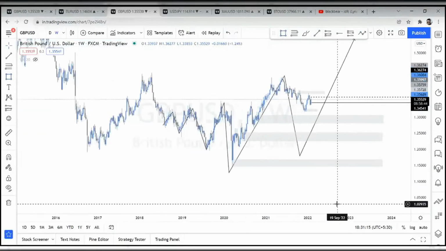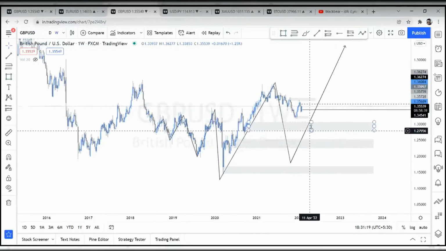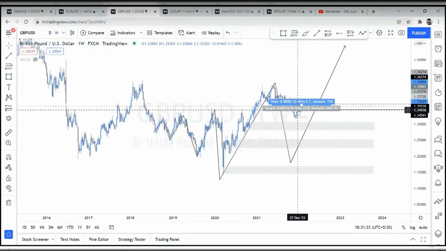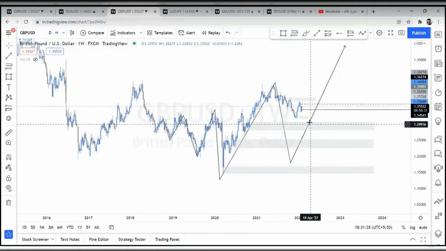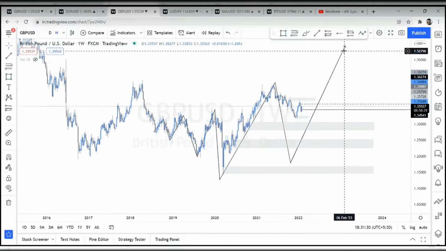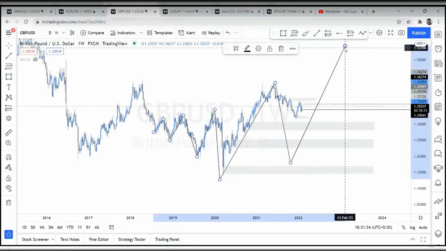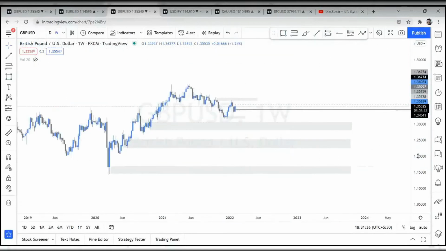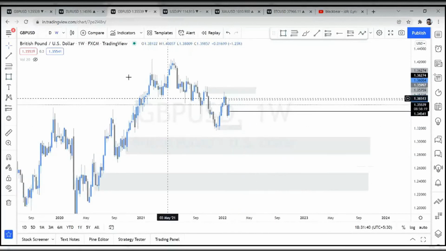So even if price reverses from here, that's fine. Even from here, that's fine. But our expectation is that price still needs to go lower in terms of this structure movement. That is why we are still expecting bearish regardless of the news outcome.